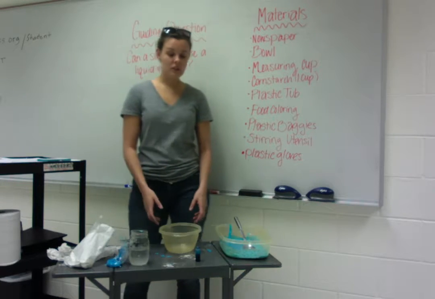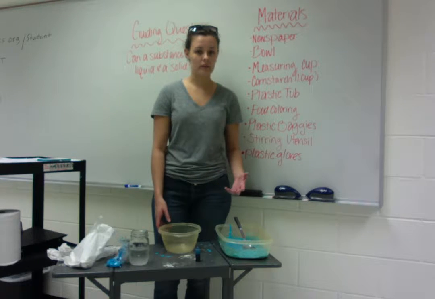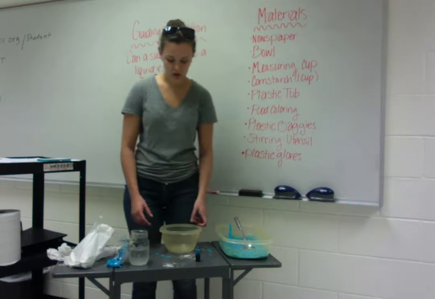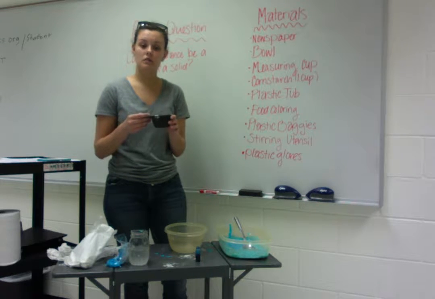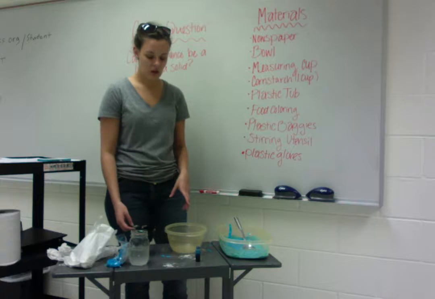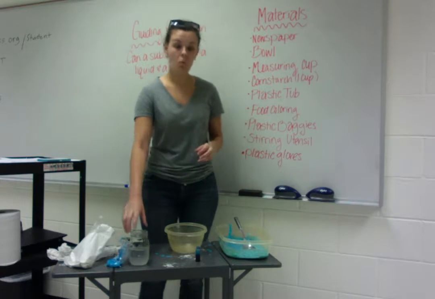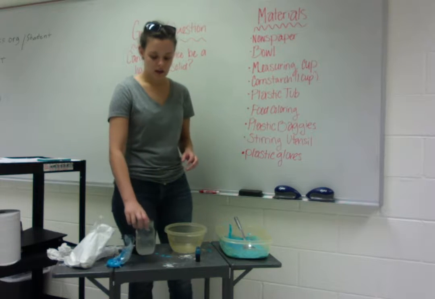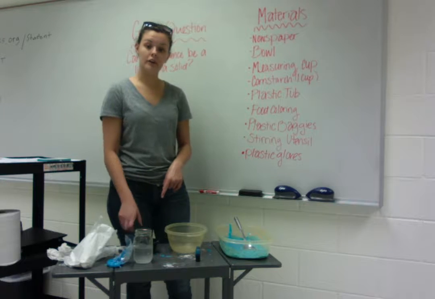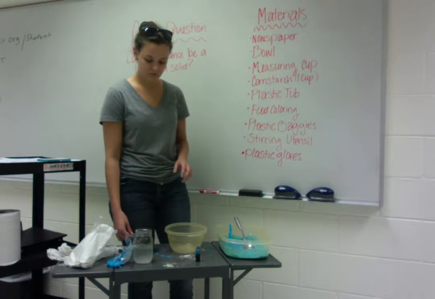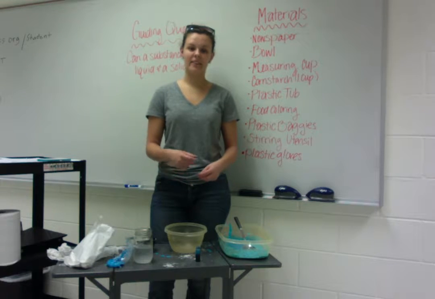Alright, so to start with, I want to tell you the procedures so you know a little bit about what we're going to be doing exactly. So to start, you'll take 1 cup of cornstarch and then put it in your bowl. Then you're going to fill your cup up with water and pour enough in the bowl where it starts looking like syrup.